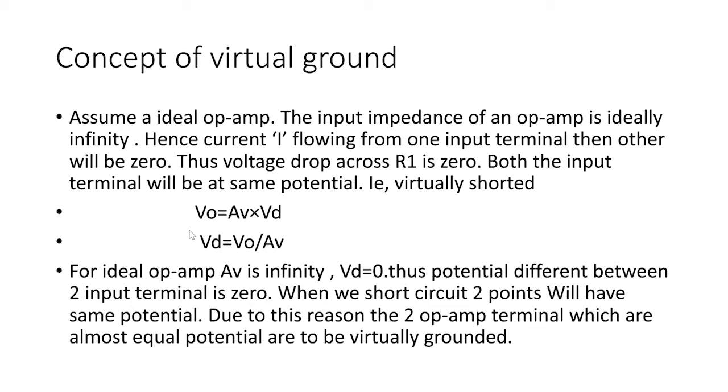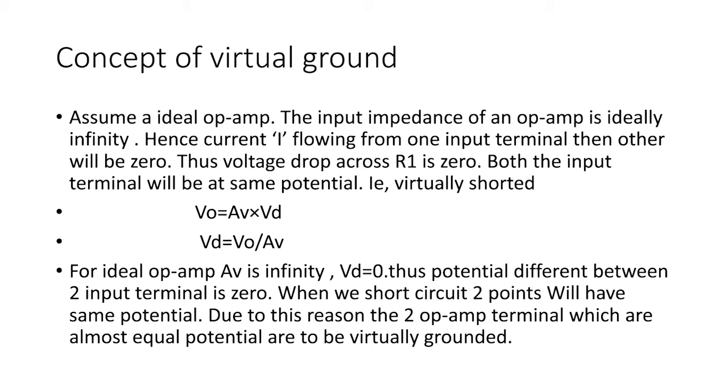Output voltage equals gain into differential voltage. Then the differential voltage equals output voltage divided by gain. For an ideal op-amp, the gain is infinity. Then the differential voltage is 0.